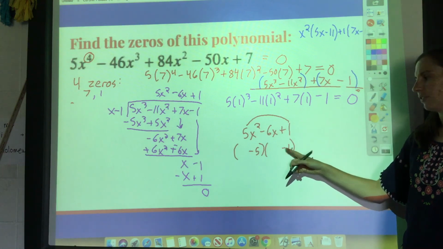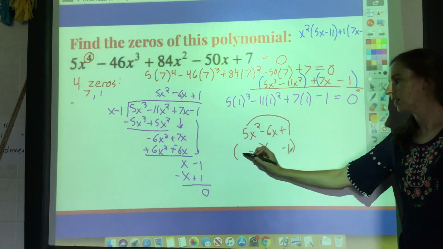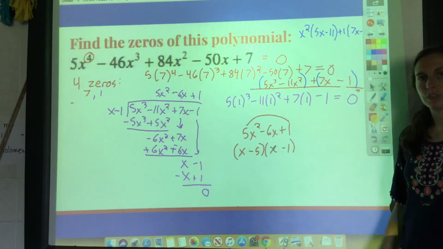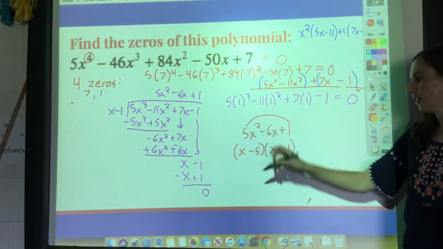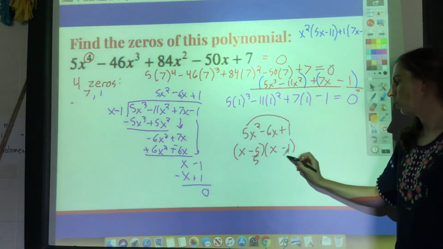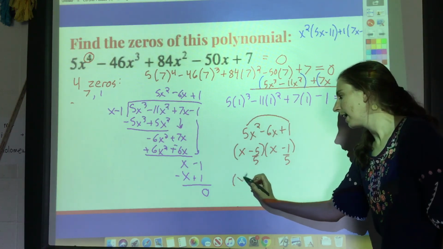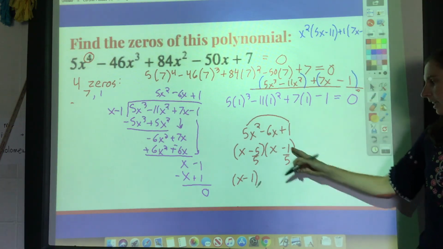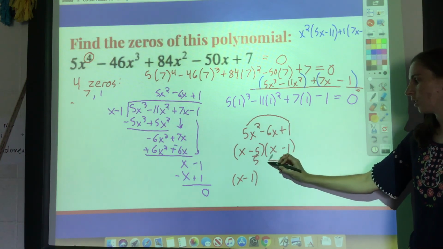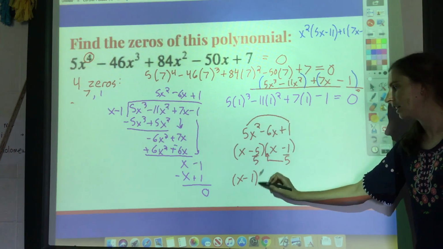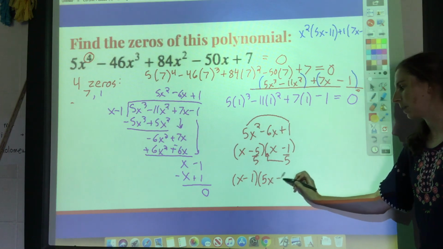Multiply to give you 5 and add to give you negative 6. Don't forget to divide or slide with the 5. So either divide it or slide it. Here it divides evenly, so I get x minus 1. Here it doesn't divide, so I'm going to slide it over and get 5x minus 1.